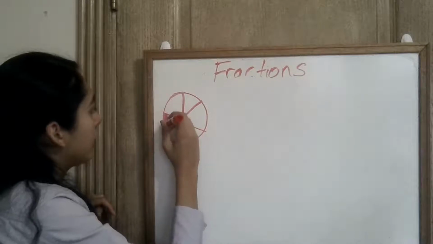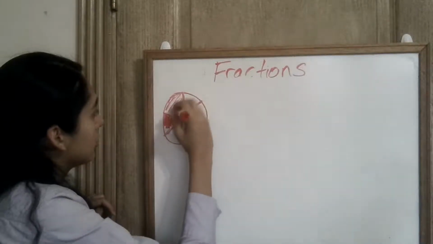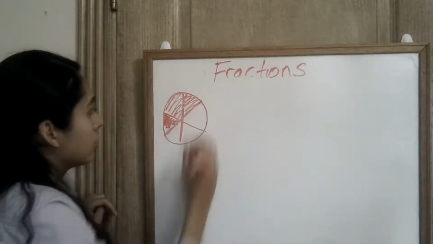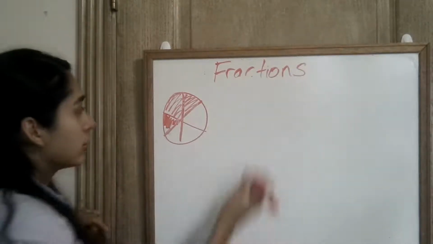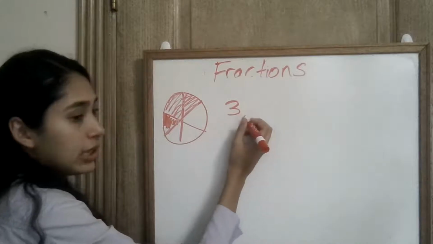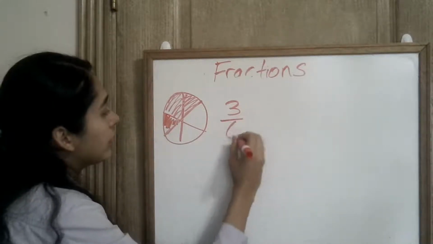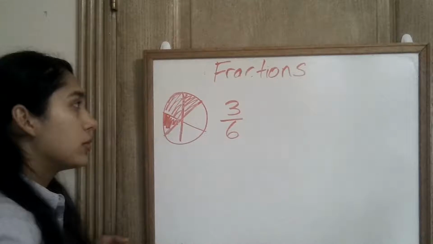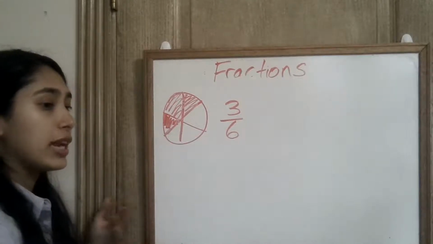And I eat 3 slices. Oh, I ate half of the pizza. So I ate 3 slices out of the entire 6 slices. The great thing with fractions is that I can simplify them.